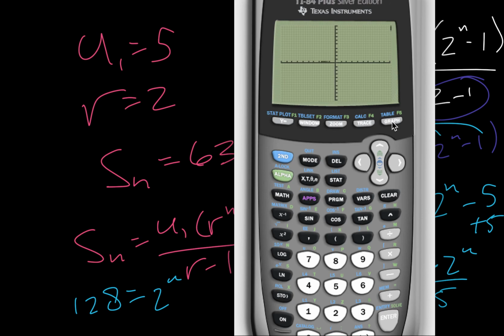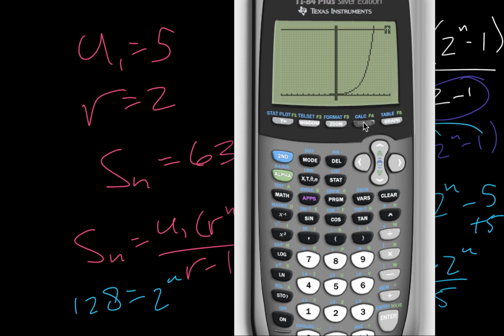I need to go up high enough on the y-axis to see 128, so I'm going to change my y max to 135. Graph it. So there's my 128 line. It's going to graph my 2 to the x line. And they cross right there.